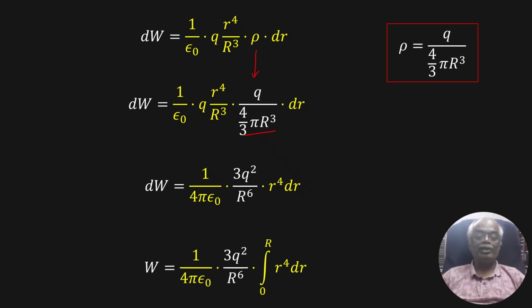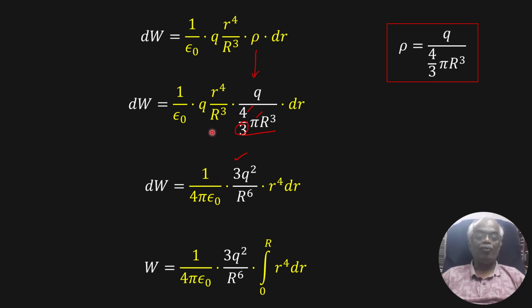Now you can cancel some of the things. You bring this 3 to the numerator, and here you have 4 and pi. So this will become 1 over 4 pi epsilon naught.